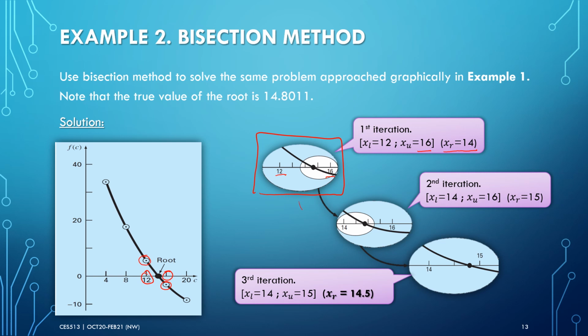The other one is for the second iteration, where we have lower bound equal to 14 and upper bound equal to 16, and the estimated root is 15. For the third iteration, we have lower bound 14 and upper bound 15, and the estimated root is equal to 14.5. So we will see this in detail after this.